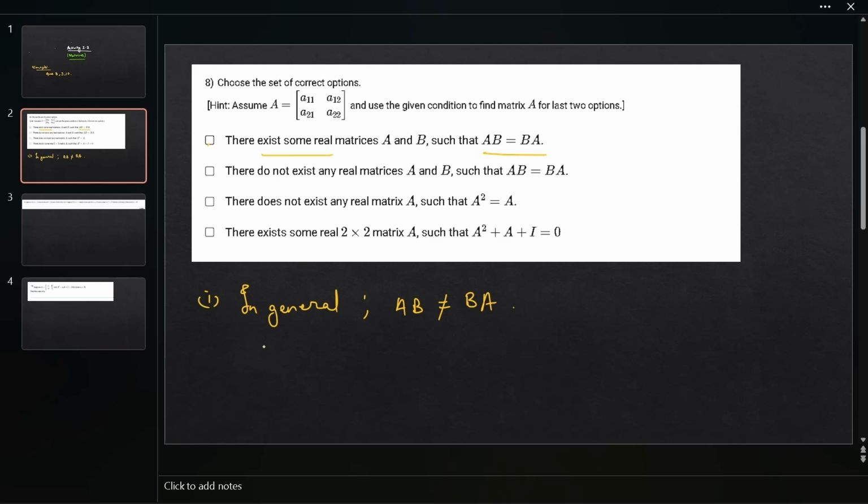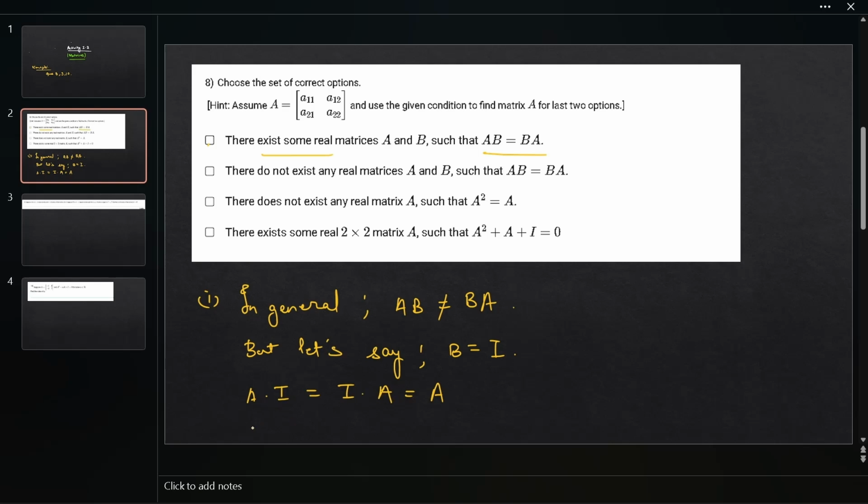So if we take some example, let's say B is equal to I. What would happen in that case? We have seen A times I is equal to I times A is equal to A. Correct? So we have shown that in this case, AB is equal to BA.